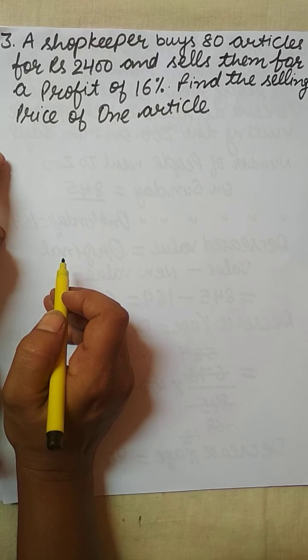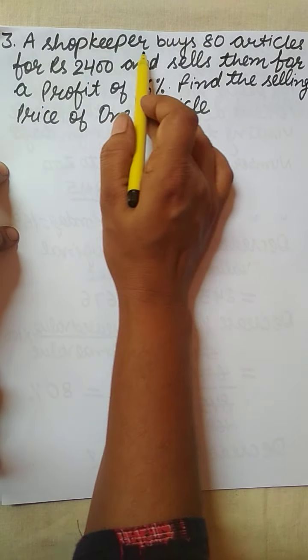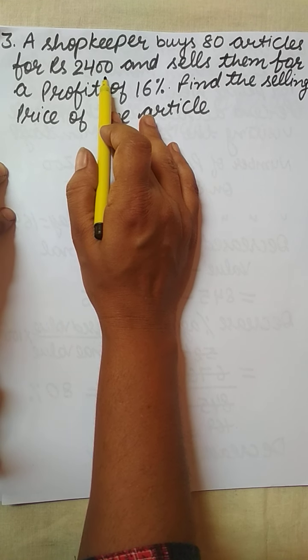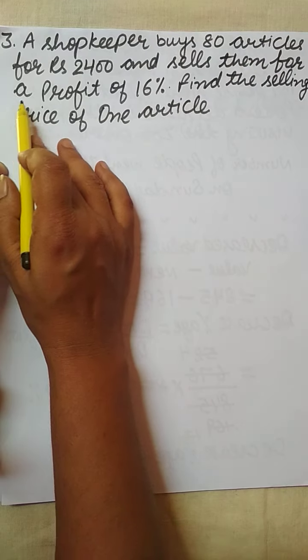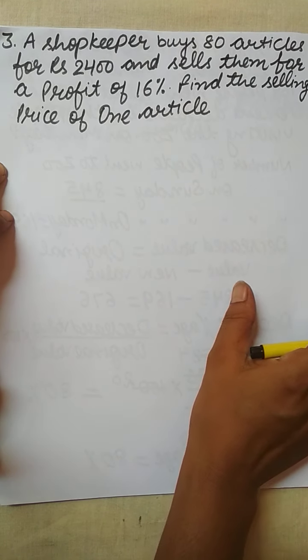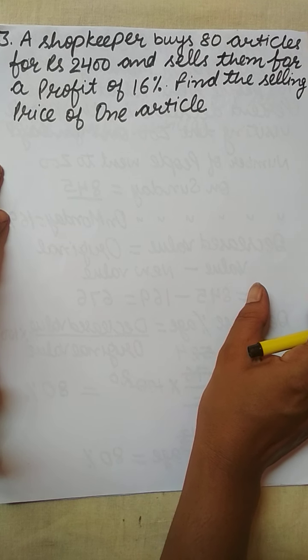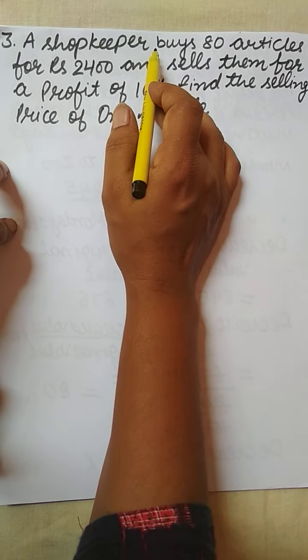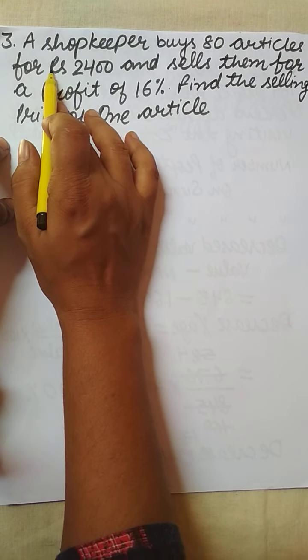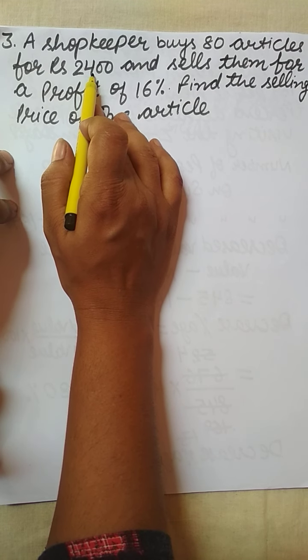Next is question number 3. A shopkeeper buys 80 articles for rupees 2400 and sells them for a profit of 16%. Find the selling price of one article. Now, as you can see, a shopkeeper buys 80 articles for rupees 2400.